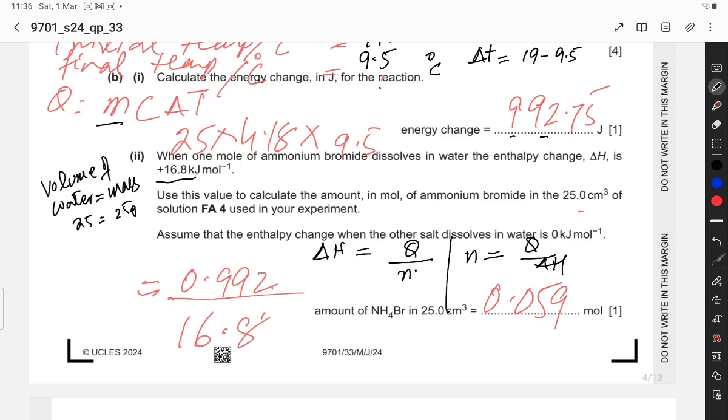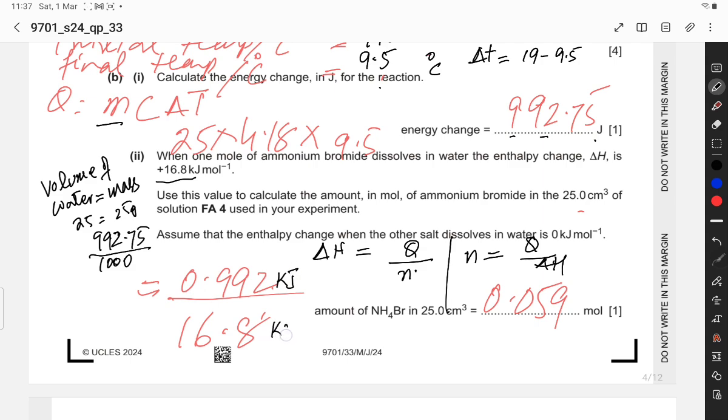In the question, it is given that ΔH is 16.8 kJ per mole. So we have 16.8, and this 992.75 is in joules. So first convert into kilojoules: 992.75 divided by 1000. So this quantity is now in kilojoules.